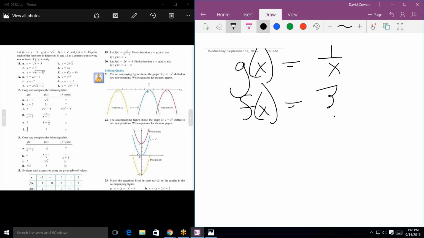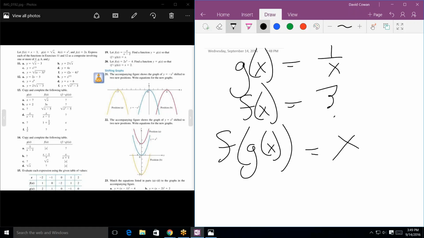So we'll put a question mark there. And they're telling us that f of g of x, that's fog, is equal to x. So can you work backwards? In other words, what must f of x be to make it 1 over x?